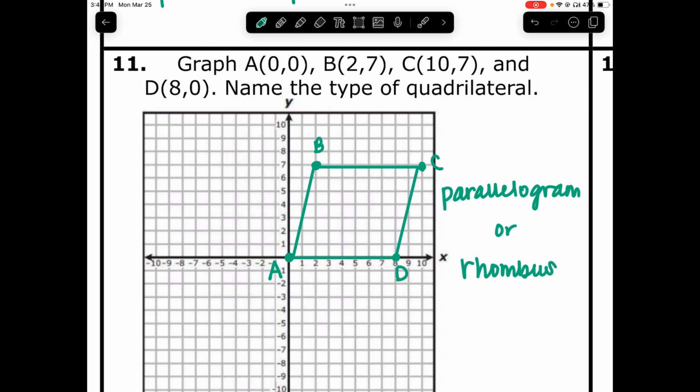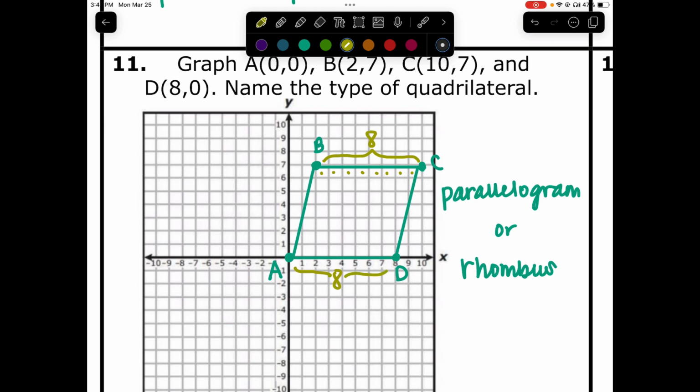All right. So the first thing I need to figure out is how long are the sides, because that will tell us which one it is. This side is 1, 2, 3, 4, 5, 6, 7, 8 units long, as is this one. Now for this side, it might look like it's equal, but we need to be sure.